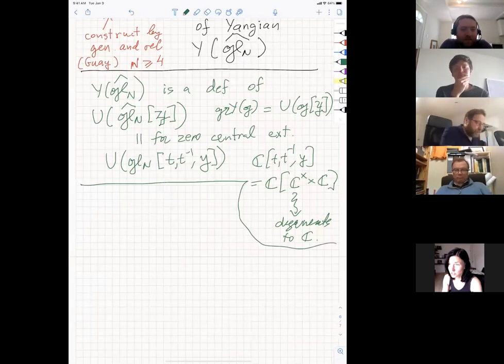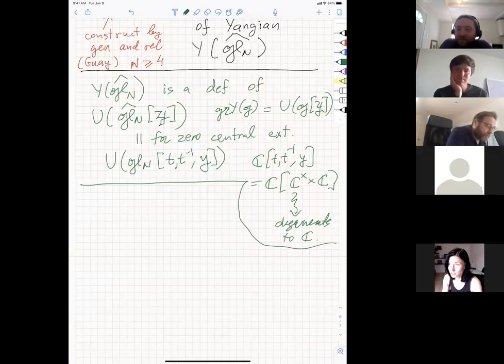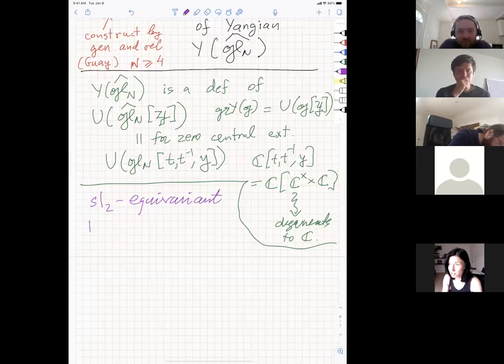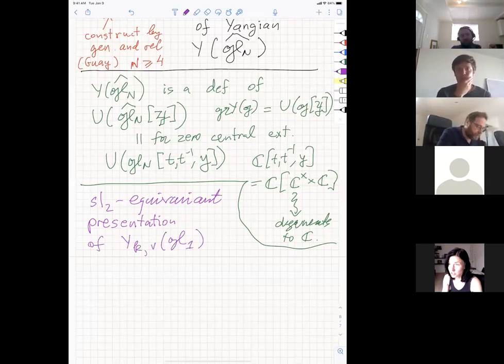All right. So now the presentation: the SL2 equivariant presentation of Y_{k,nu} of GL1. So let's just call it Y_{k,nu}. So this presentation is the following.